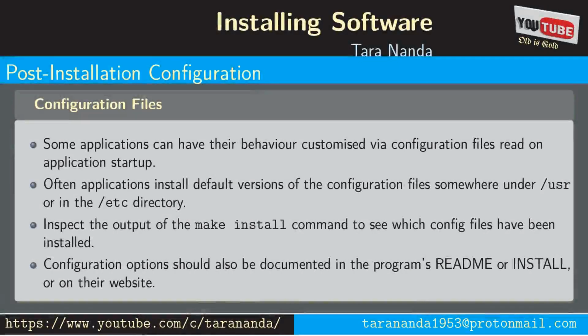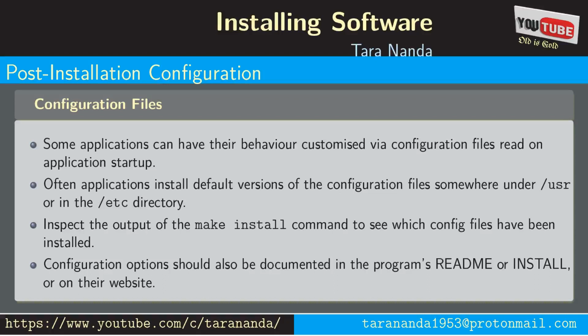Post installation. Many applications, when they start up, look for information in configuration files. Often applications install default versions of the configuration files somewhere under /usr or in the /etc directory.